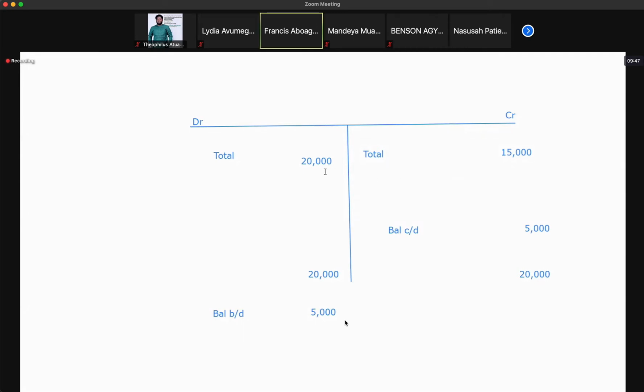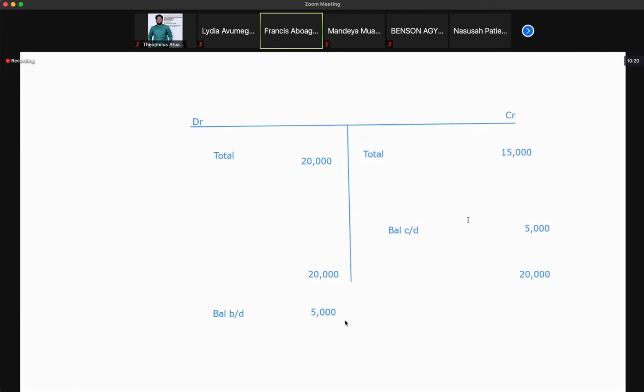It means the totals of the debit is more than the totals of the credit by 5,000. So if you net it, then you have a difference of 5,000 at the debit. So that is the balance brought down. So if you insert the 5,000, then the two sides will agree, 20,000, 20,000.